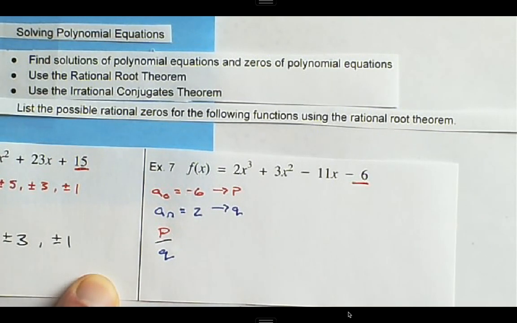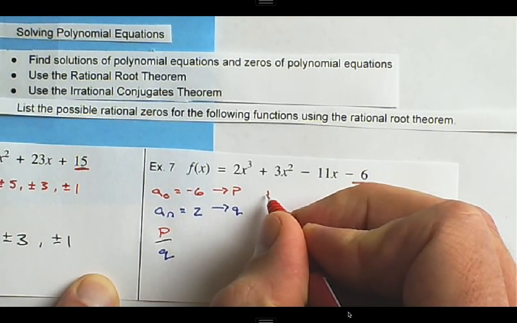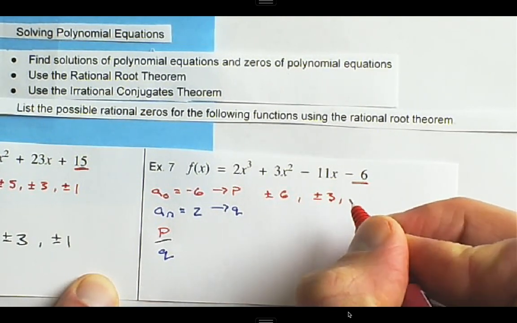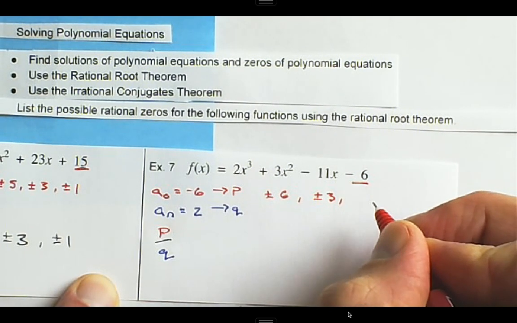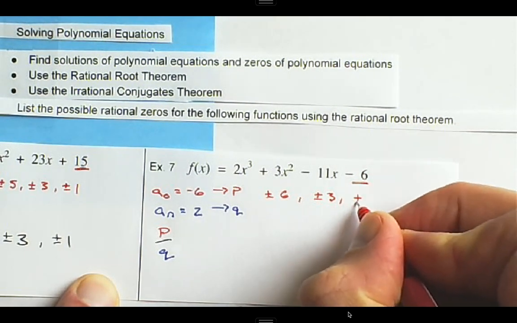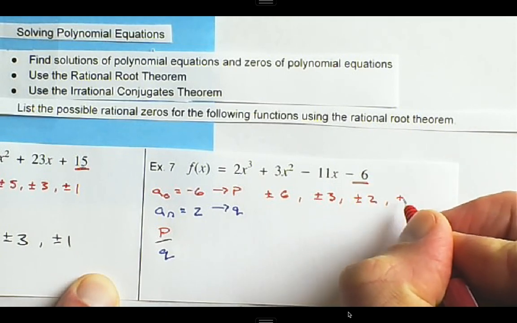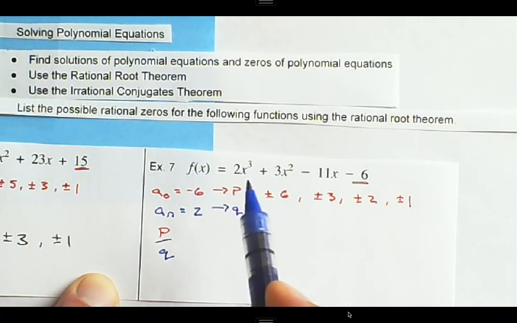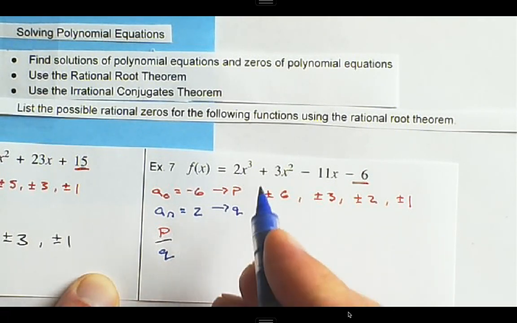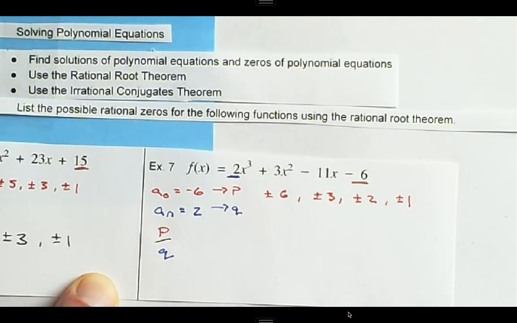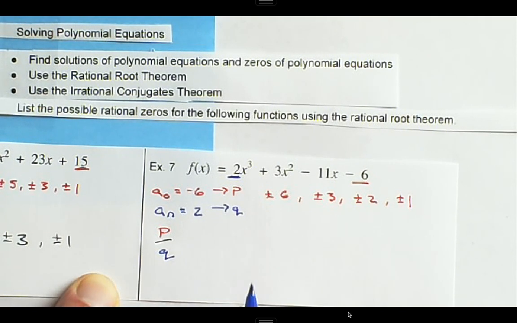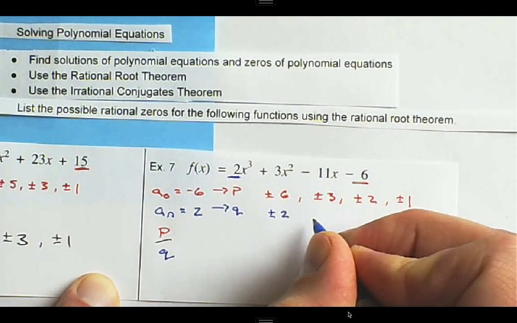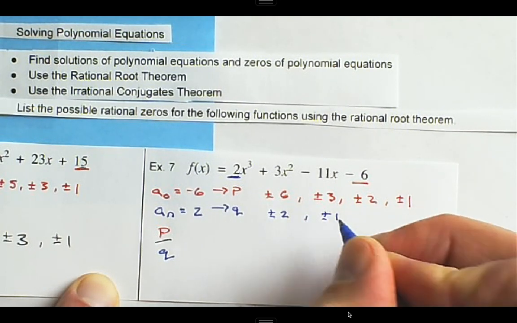So all the possible factors of -6 are plus or minus 6, plus or minus 3, plus or minus 2, and plus or minus 1. And the possible factors for q, or a sub n, come from right there. A sub n is 2. So our possible factors are plus or minus 2 and plus or minus 1.